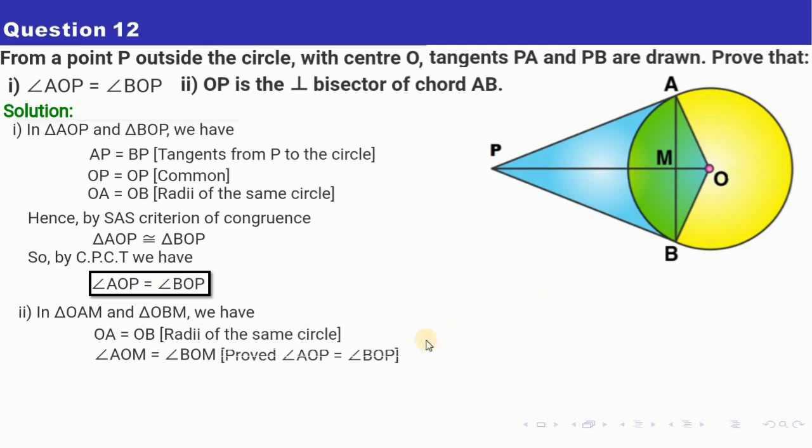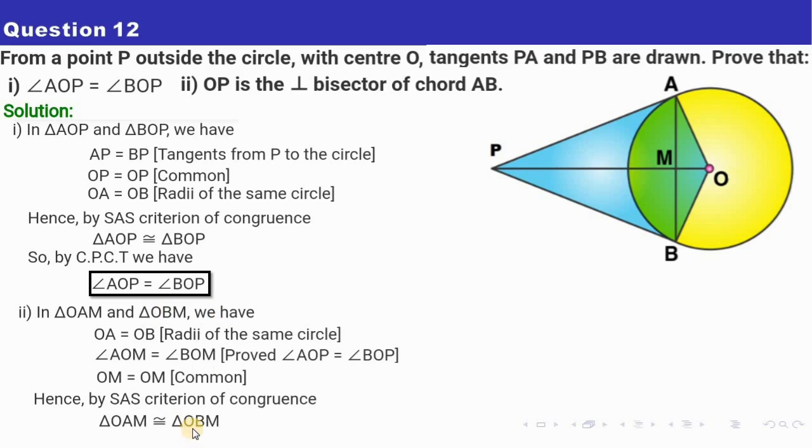We proved that angle AOP is equal to BOP. And OM is common to both the triangles. So we showed side, angle, side. Using the SAS criterion of congruence, we can say that these two triangles, OAM and OBM, are congruent to each other.